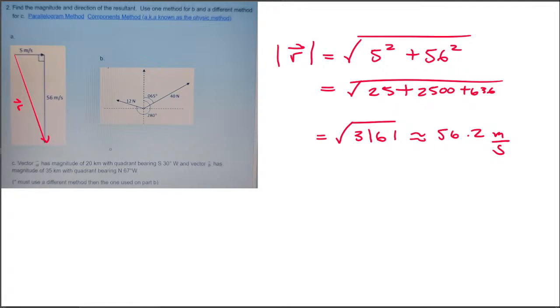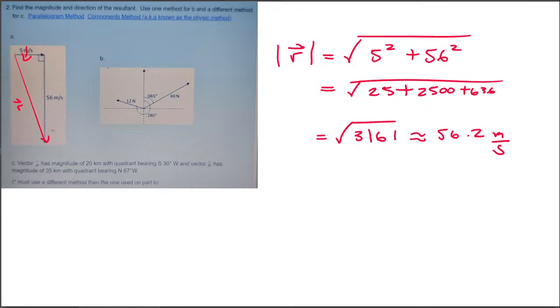And now we just have to figure out what direction it's going. I honestly don't know how they will want us to get, so they want us to use the bearing directions. Okay, that's a major bummer. All right, let's figure out what this angle is here.